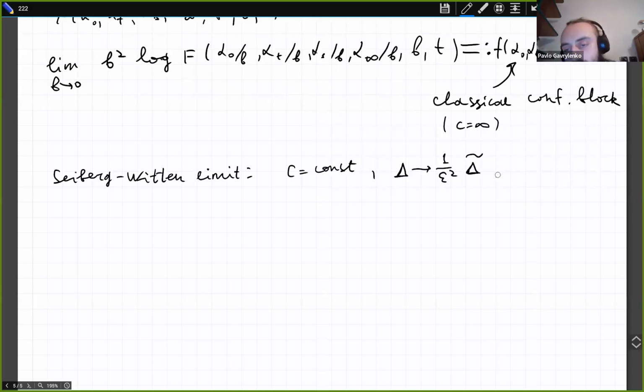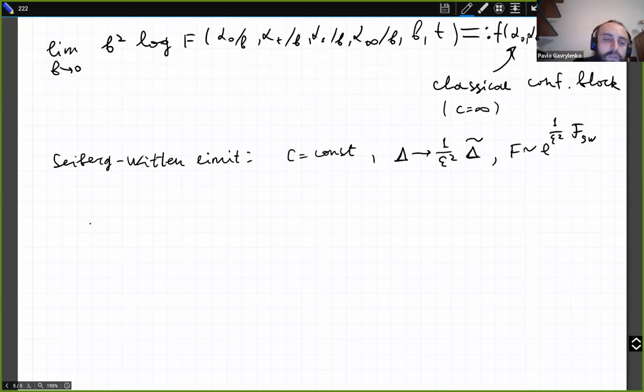So in this case, remember that conformal blocks behaved like 1 over epsilon squared Gavrylenko potential. So this can be understood.